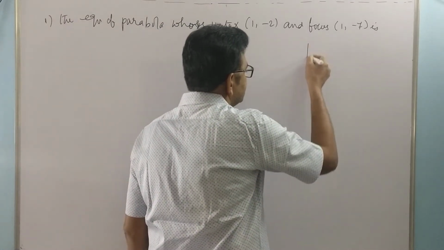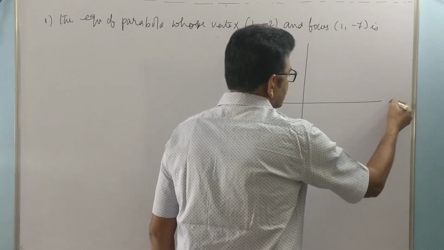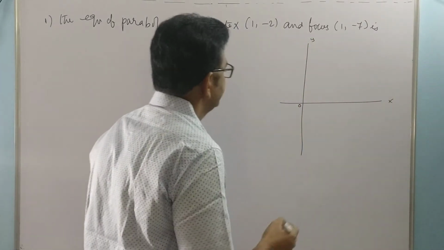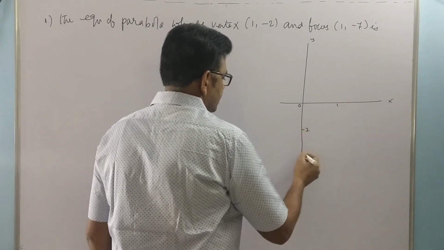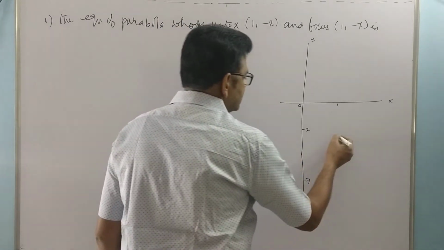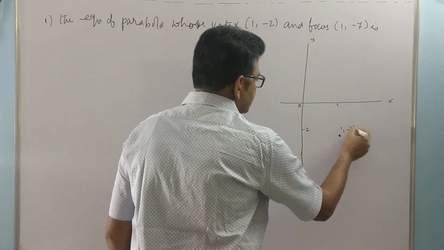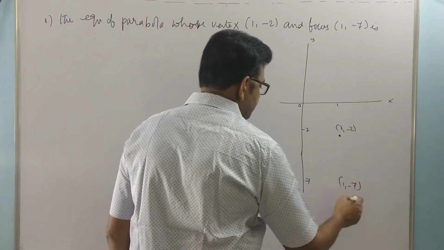By observing this vertex and focus, on the x-axis, y-axis, this is 0, let it be 1, this is -2 and this is -7. This is the vertex, (1, -2), and the focus is (1, -7).